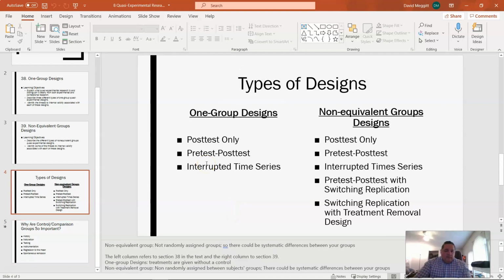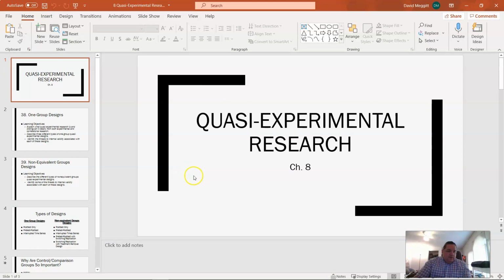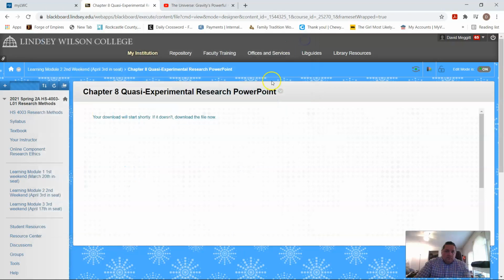So again, these are the things that differ across designs, etc. One thing that we didn't go over that I know is on the test is basically in order to find the effect in a correlational study.